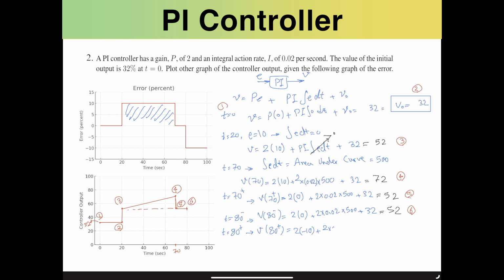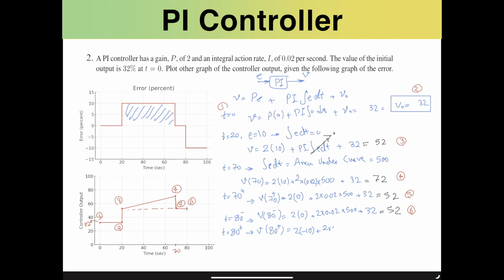So 2 times minus 10 plus 2 times 500 plus 32, which is the initial value. And if you consider this, it's going to be 32 as our 7th point.